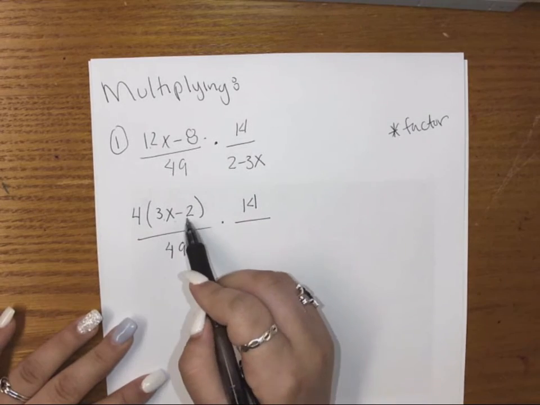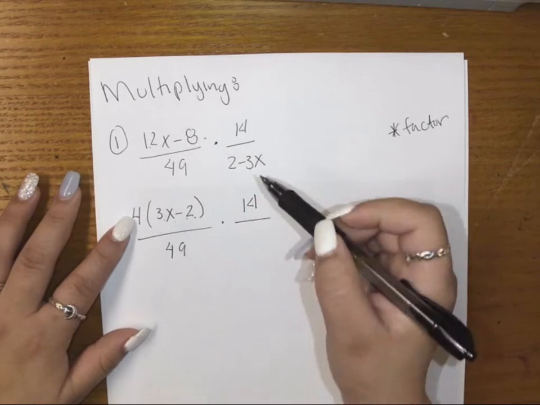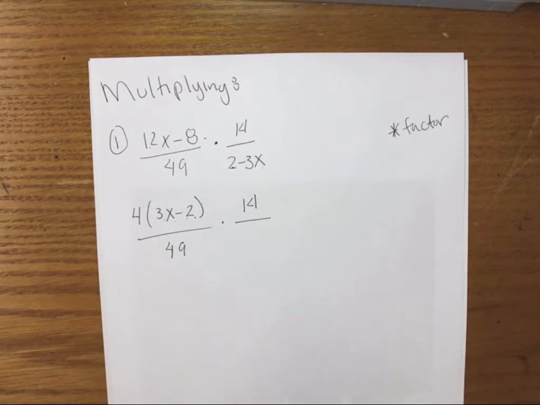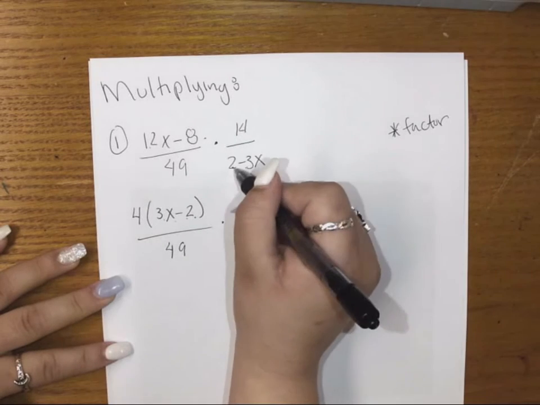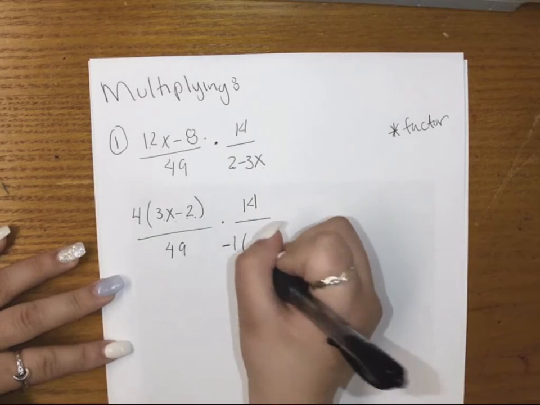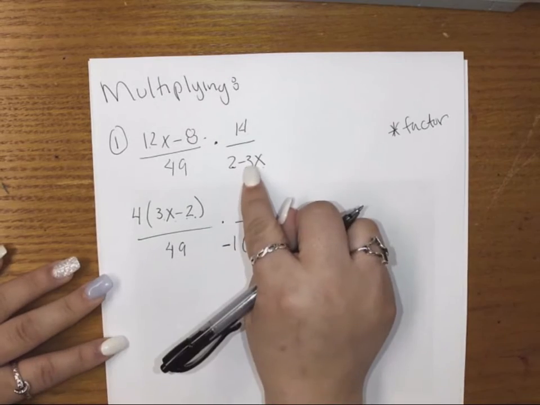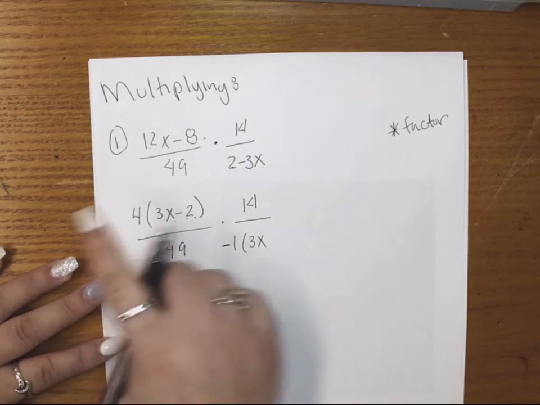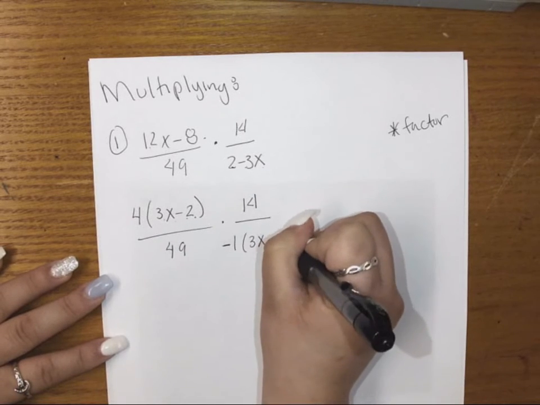I have a 3x minus 2 after I factor out the 4, and here we have a 2 minus 3x. They're the same thing. The only difference is the signs. So if I factor a negative 1 out of this one, it's going to change all of our signs. This is going to become a positive 3x, and this is going to become a negative 2.